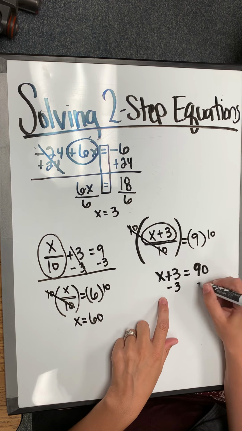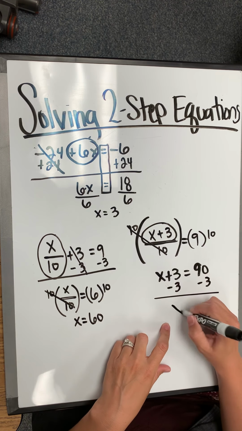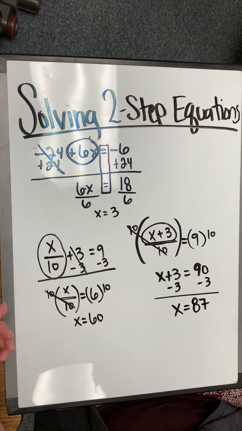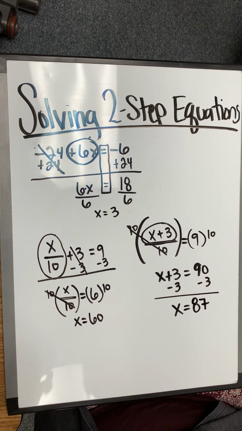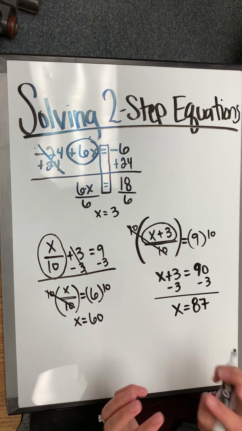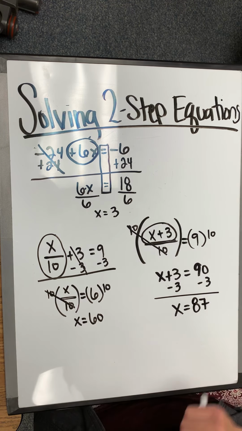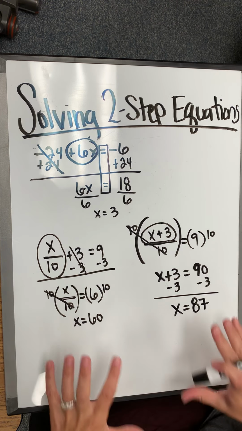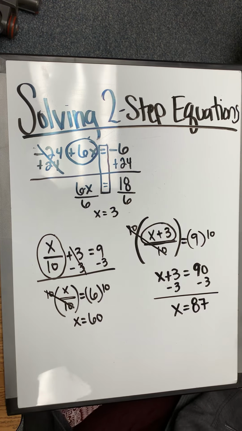I do the opposite in order to get rid of it. I have x is equal to 87. Just so you guys can see kind of the difference of what it'll look like and how you approach it differently too. We'll build on this later because math builds on itself.